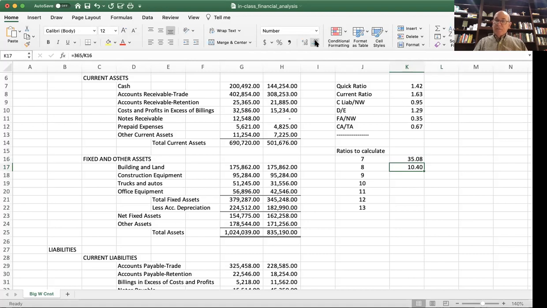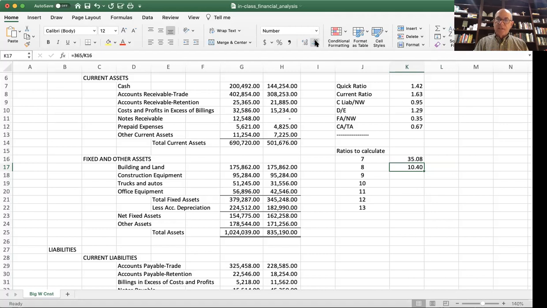And so you want this to be a higher number. The higher, the better. Whenever you have a calculation that calculates turns, typically you want that number to be higher. The higher, the better.